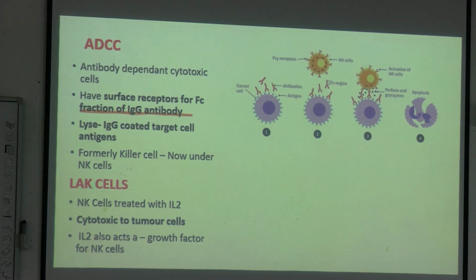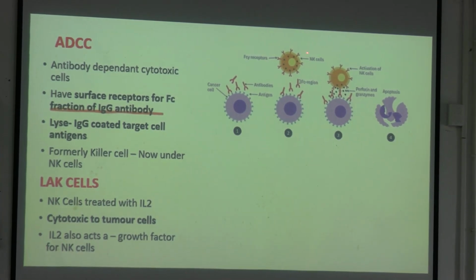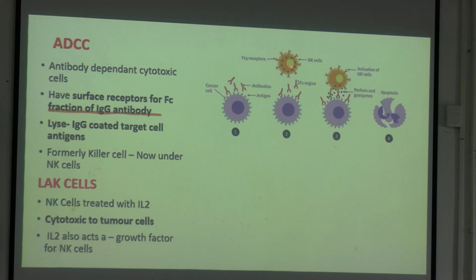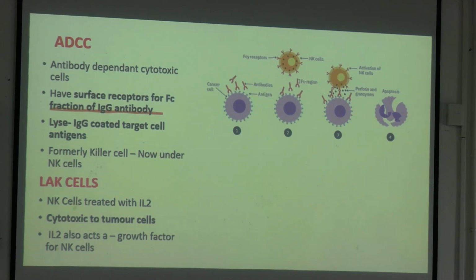ADCC is a similar mechanism where you can see these NK cells are harbored with some Fc receptors on their surface. So whenever these kind of antigens are present on a cell, automatically this will be the perfect combination for the natural killer cell, and they will be activated, and then they will be producing the apoptosis. So these are the antibody dependent cytotoxic cells, ADCC cells, okay?